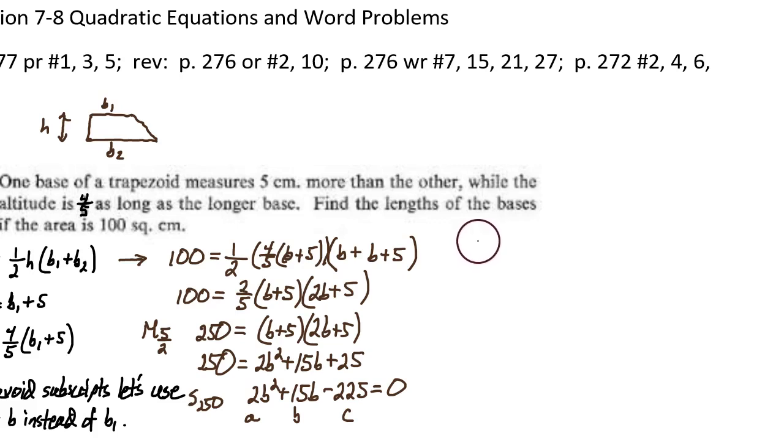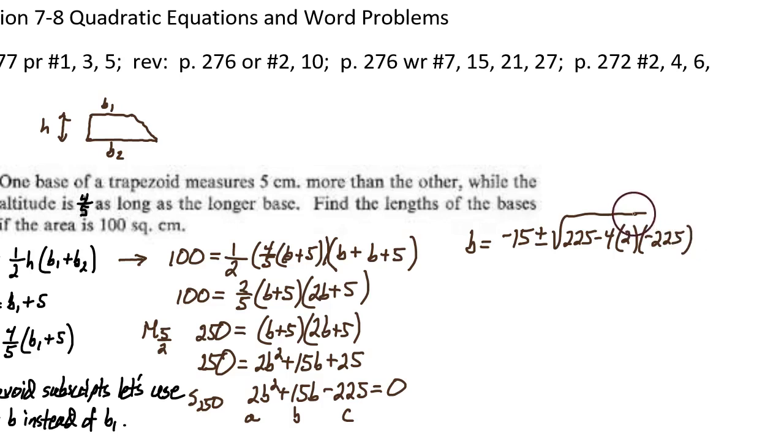With the quadratic formula, we know that X equals, but in this problem it's B, negative 15, plus or minus, and then 15 squared, which is 225, minus 4 times the value of A, which is 2, times the value of C, which is negative 225. And that's all divided by 2 times A, so 2 times 2, which is 4.